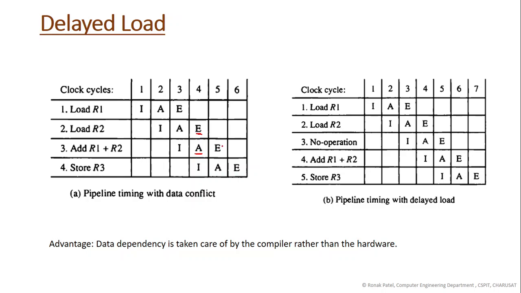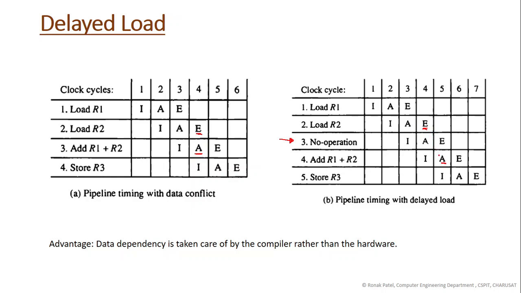So what happens is that the compiler will detect that, and the compiler will add a no operation instruction if it cannot reorder. Now if you see this, after load R1 and load R2 there is a no operation, which means it will not perform anything. It just fills up a bubble in your pipeline. Now you can see that load R2 results in clock cycle 4, and R1 plus R2 is in clock cycle 5.